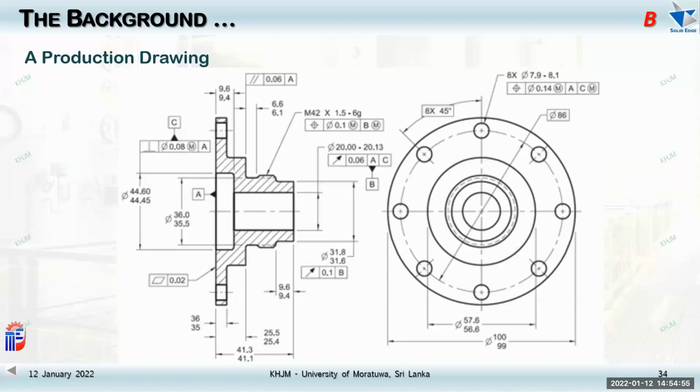Here, in addition to the dimensions, even the dimensions, I can't find my familiar dimensions. Now, sometimes the tolerances are given, sometimes the limits are given. For example, the diameter is given as 44.60 and 44.45, the maximum and minimum diameters.